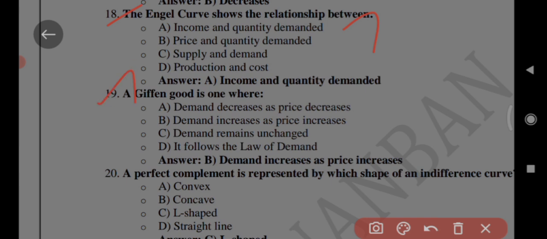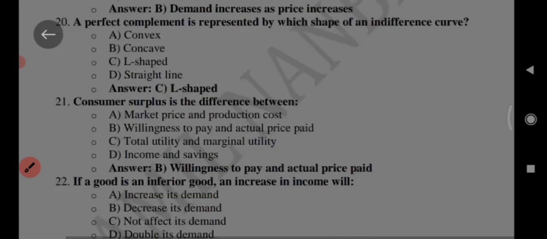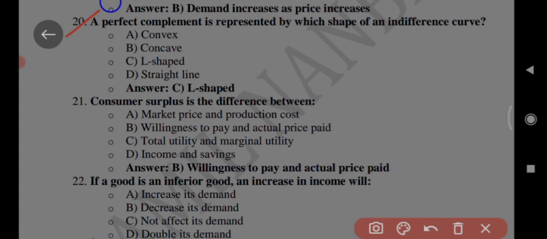A Giffen good is one where option B, demand increases as price increases. A perfect complement is represented by which shape of an indifference curve? Option C, L-shaped.